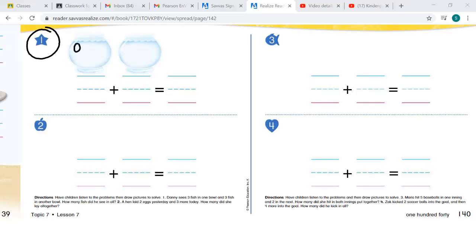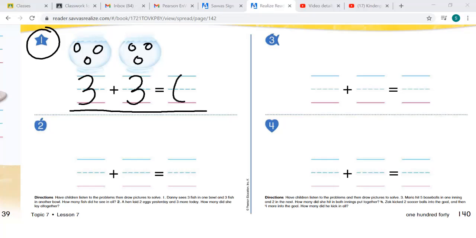So we are going to draw 3 fish here in one bowl and 3 fish in another bowl. Now we're going to figure out how many fish he saw in all. So we are going to write 3 and 3. So 3 plus 3 equals 6. And you can count them to double check.